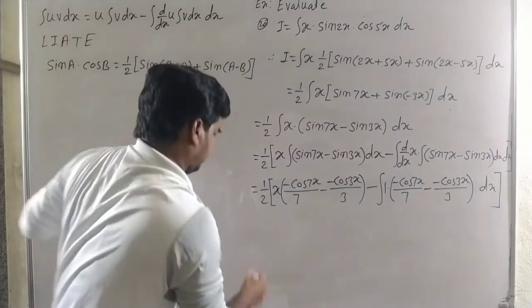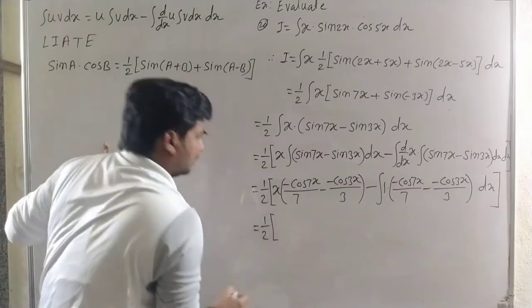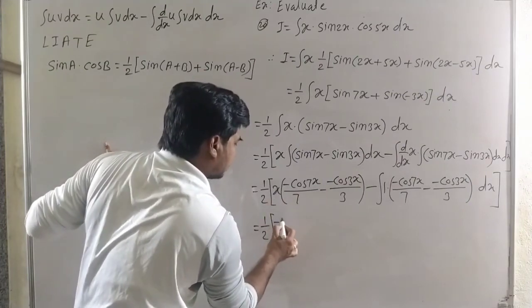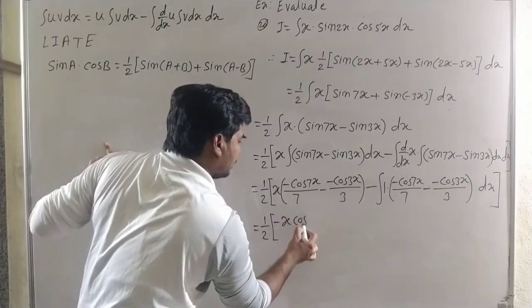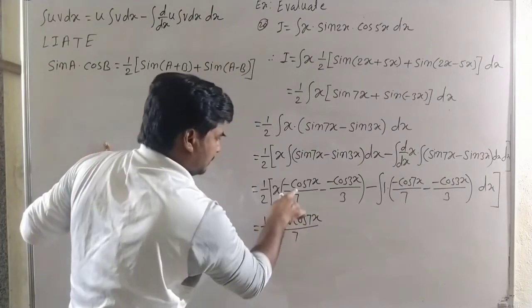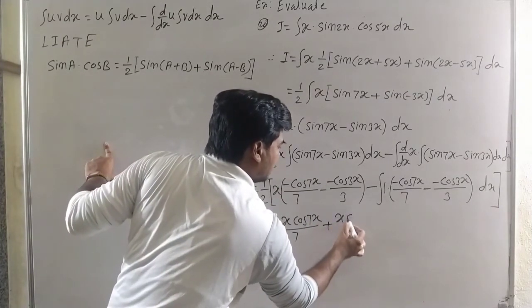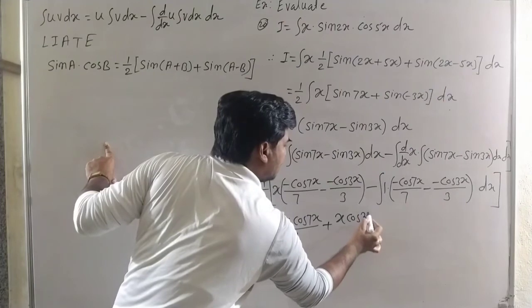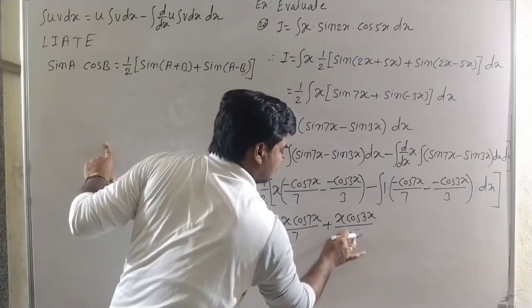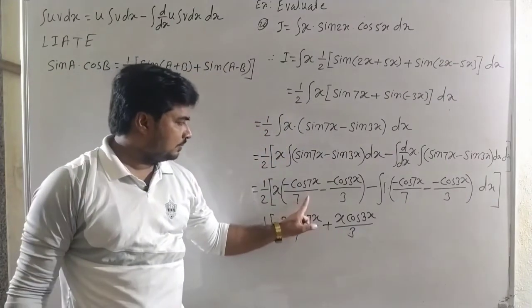Okay. Now this can be written as 1 by 2 into, here x, it is minus x into cos 7x upon 7, multiply by x, and here plus x into cos 3x upon 3. Okay, only multiply by x.